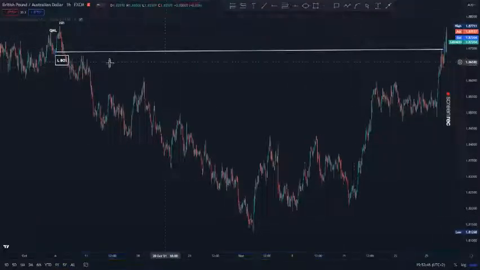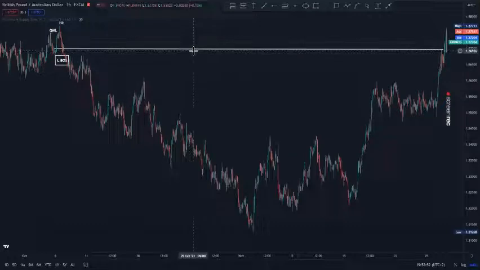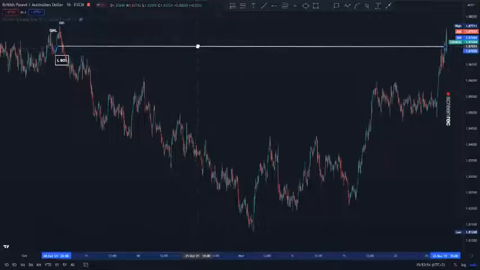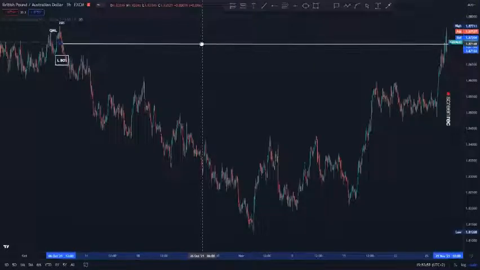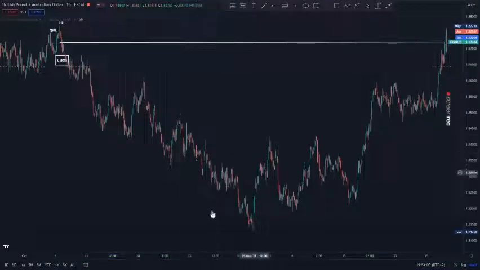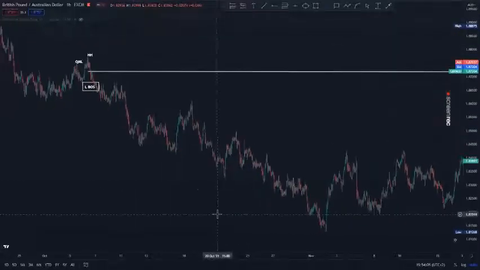There was something happening right here. I think it was a little bit in front, somewhere here. So make sure that the fake out is nearer to where the QML is. The nearer, the better.